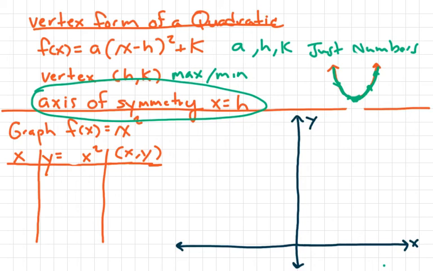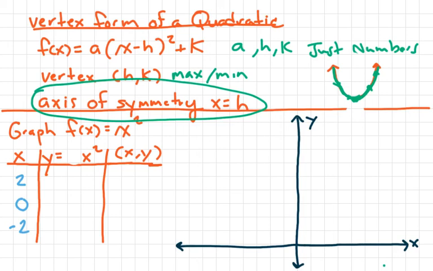I'll just pick some values for x, our input values. You're always going to pick your input values. I'll pick a couple: 2, 0, and -2. So I'm picking +2 and -2.